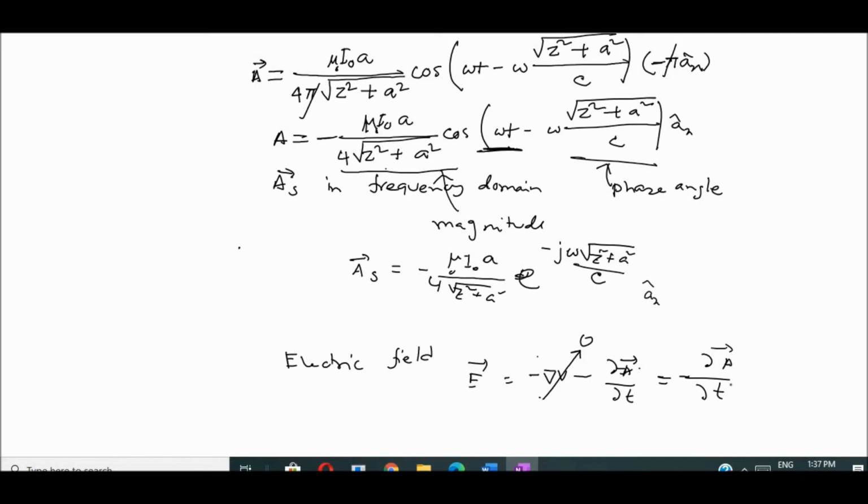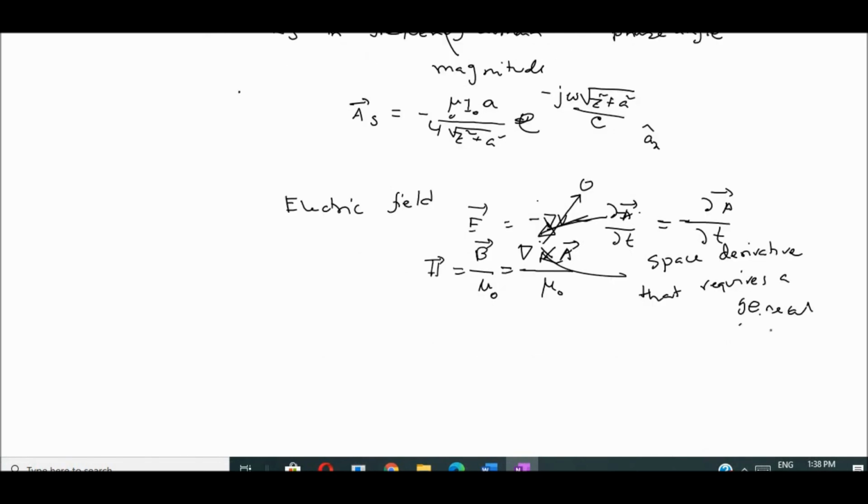You know, Hs is equal to B over mu, and B is equal to curl of A, so Hs is equal to curl of A over mu naught. Curl of A is a very generalized function. Curl is a space derivative, so it requires a general expression.